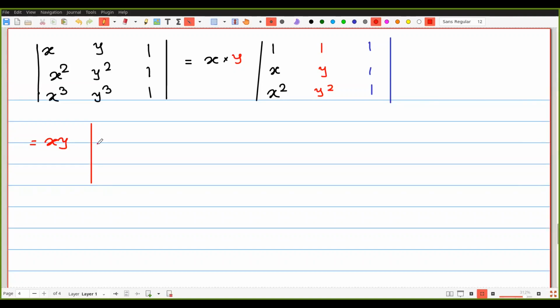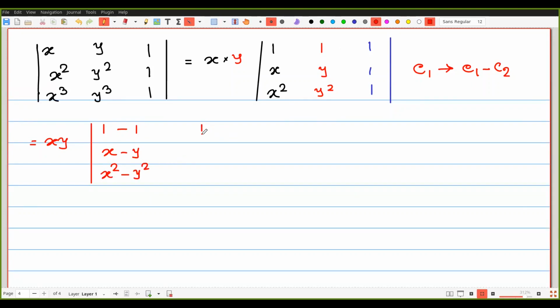Now we are doing an operation like the previous one. I am changing column 1 to column 1 minus column 2. So column 1 becomes 1 minus 1, x minus y, x square minus y square.